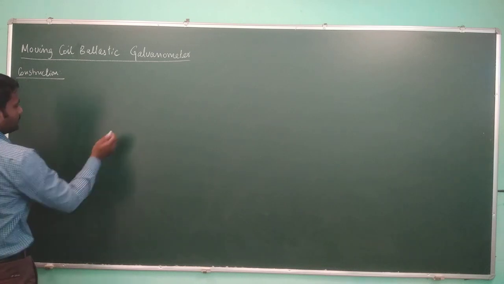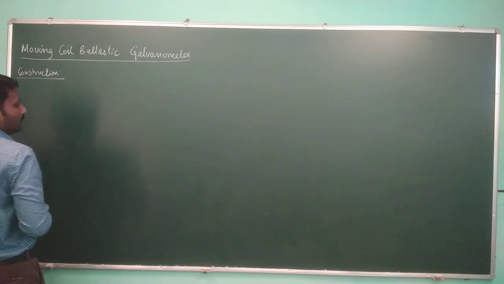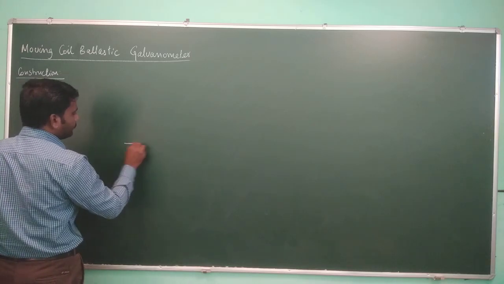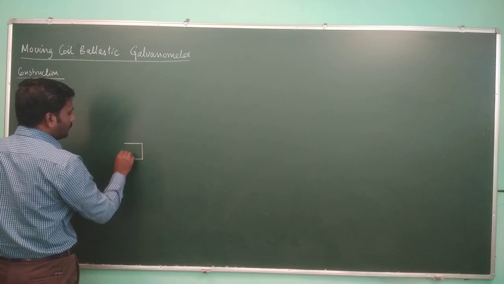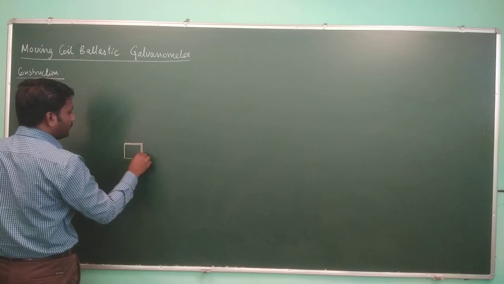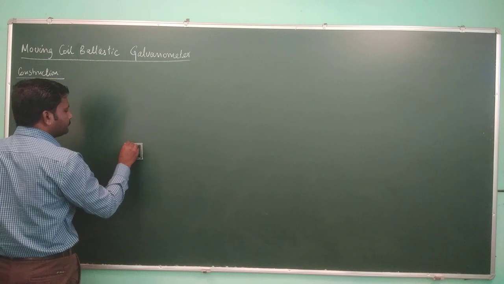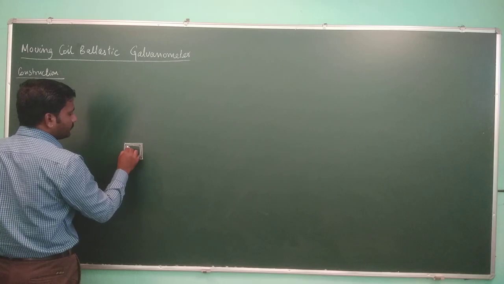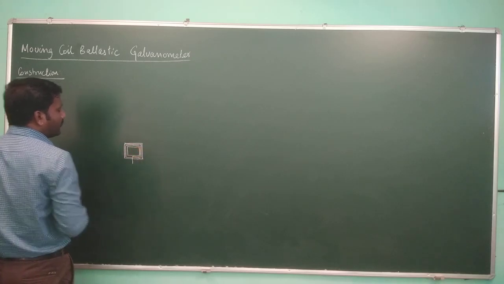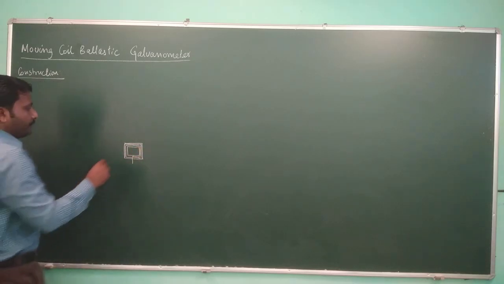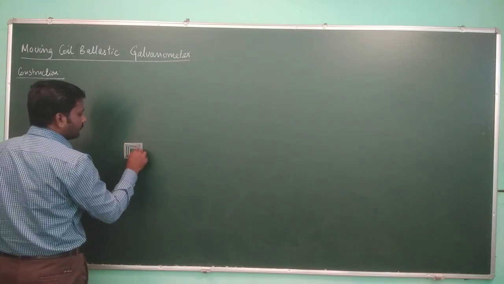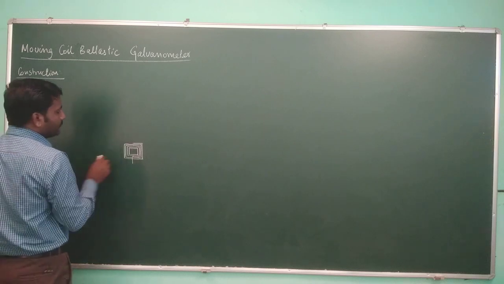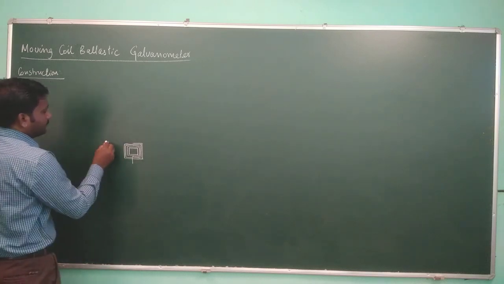As in the previous case of the moving coil galvanometer, here we have considered a rectangular, circular coil which is wound over a frame. Then there is a metal core inside this frame, and this setup is put in the region of magnetic field.